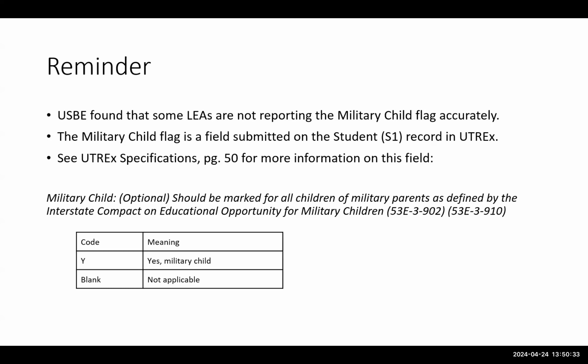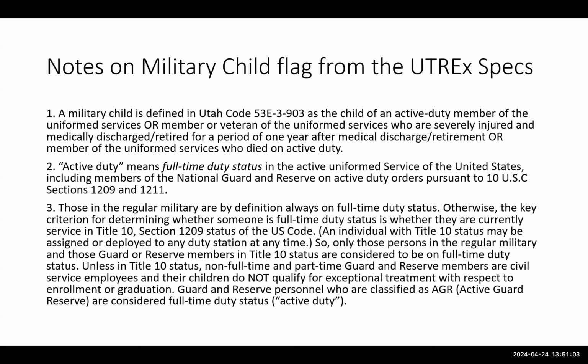There are notes on this that go into further detail about what that means. But the codes themselves, it basically needs to be marked yes if the child meets those requirements. If it's left blank, then it's not a military child. And what we were seeing is some LEAs were just leaving them blank when we knew that they should have had some yeses. Here are the notes that are directly from the specs.